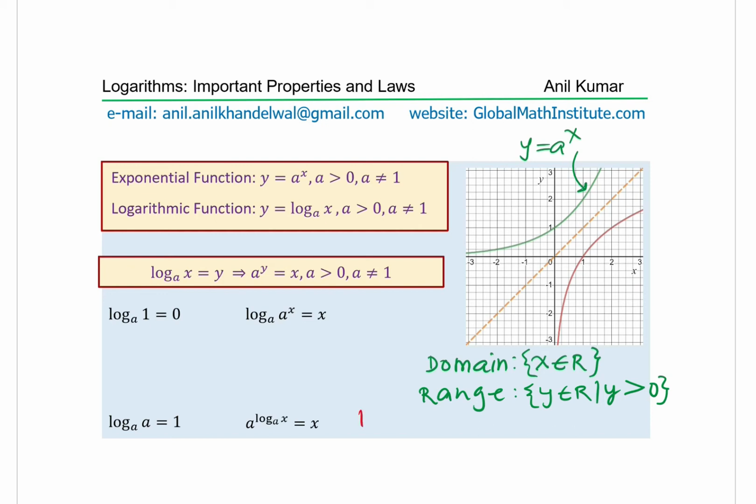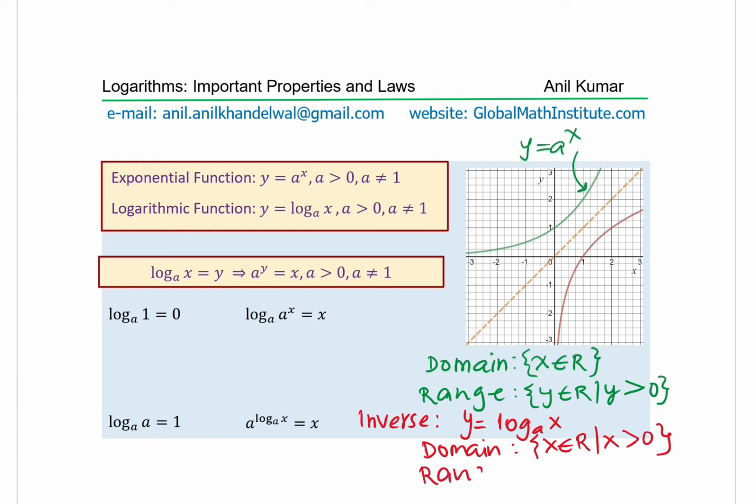Now, when you find the inverse of the function, which is the logarithmic function, what happens? Let's look into the inverse, which is y equals log to the base a of x. In the inverse of a function, domain and range flip. So the domain becomes the range of the exponential function. So the domain will be x belonging to real numbers, where x is greater than 0, and the range will be the domain of the exponential function.